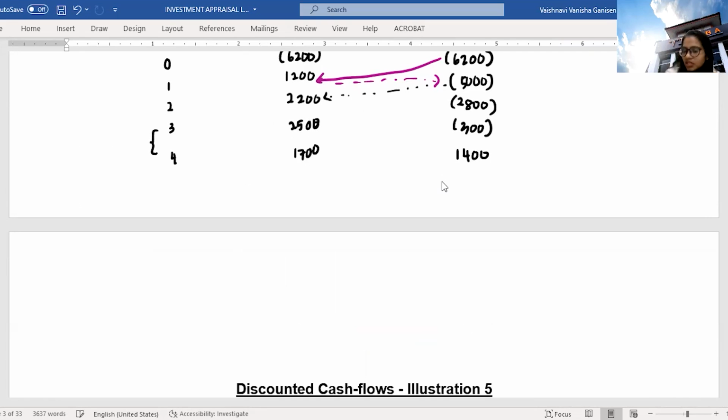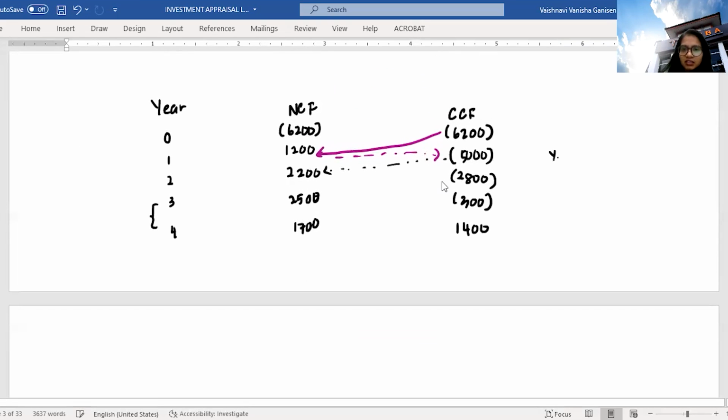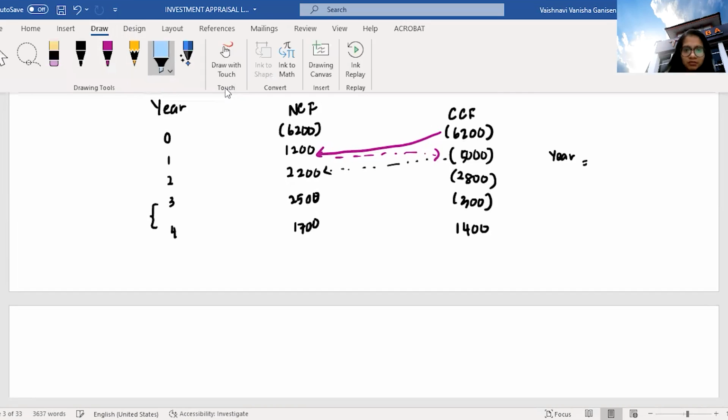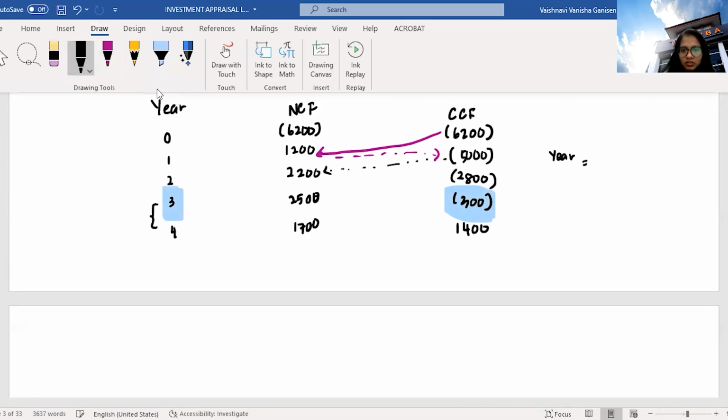Somewhere between year 3 and year 4. So remember to identify the year. It is the last negative cumulative cash flow here, that means year 3.